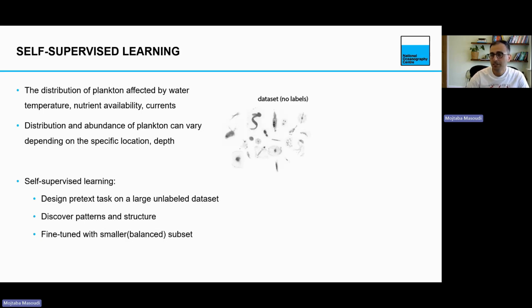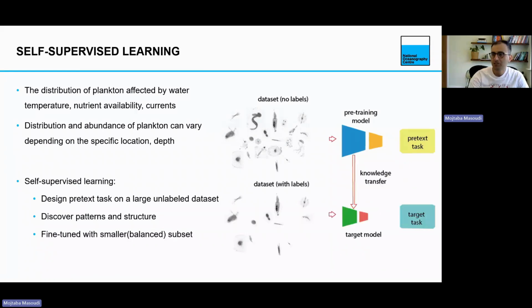What we started with was a dataset without any labels. So we designed a pretext task on the unlabeled data. We pre-trained a model with the pretext task we designed, and then we used this representation to transfer the knowledge to another model, which is smaller, on balanced subsets.